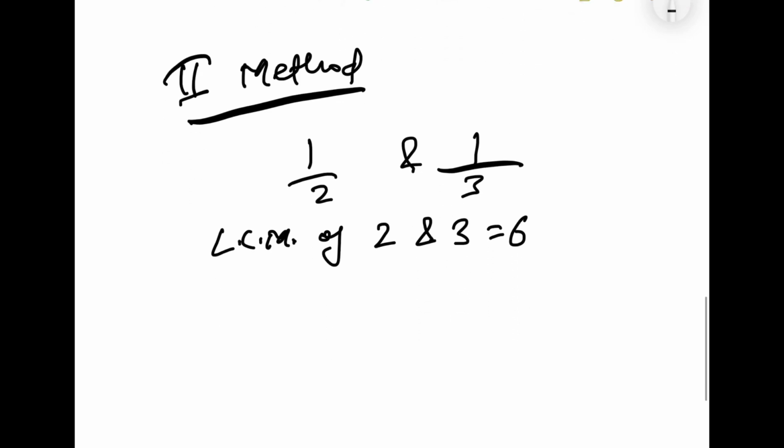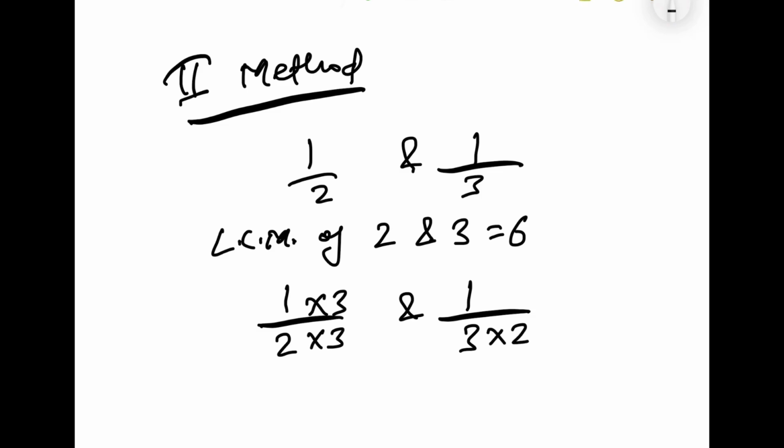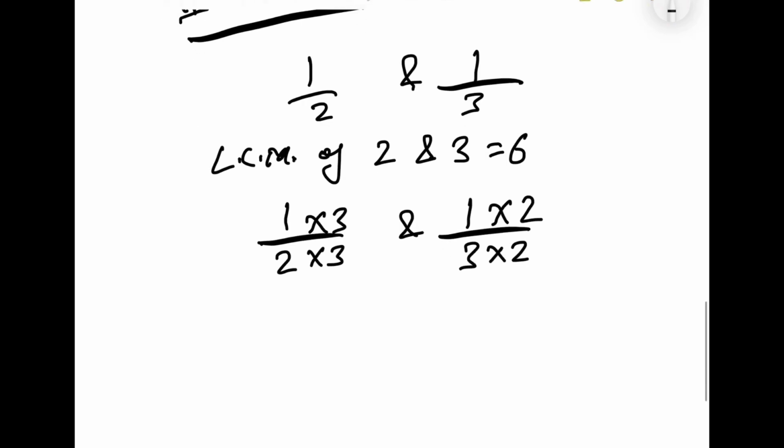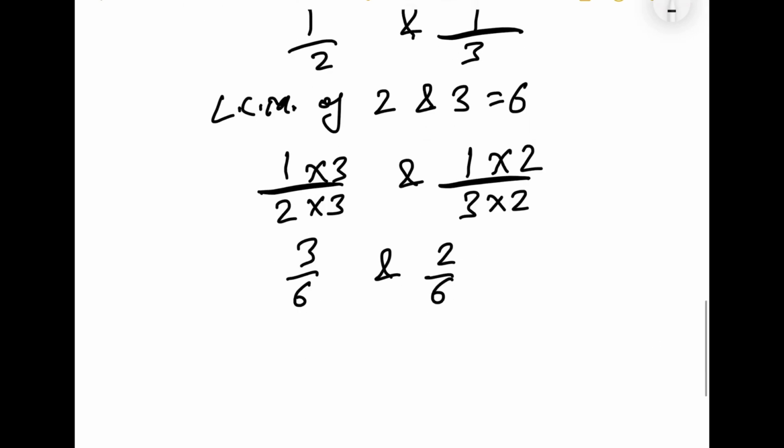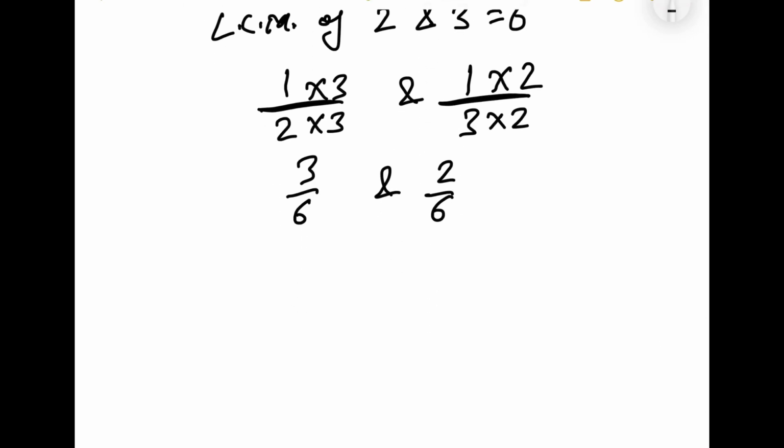So we will try to convert our denominators into 6. For 2, we can multiply by 3. For 3, we can multiply by 2. See, 3 upon 6 and 2 upon 6. Okay, now the denominators are the same, but the difference between the numerators is only 1.